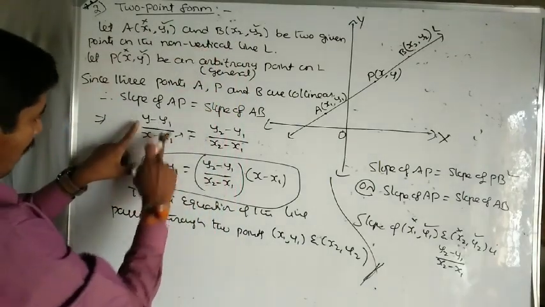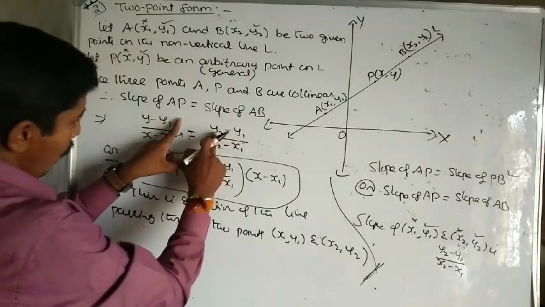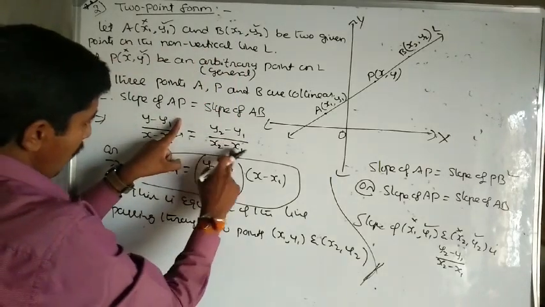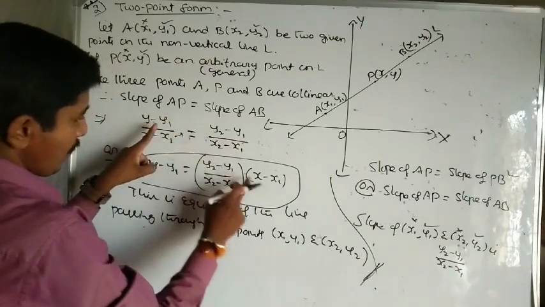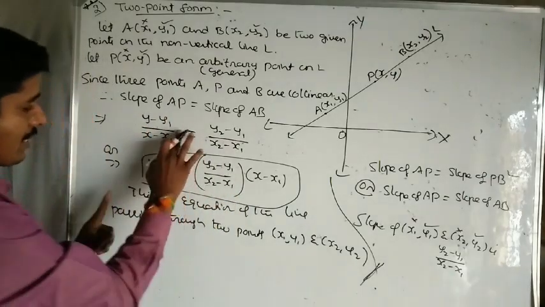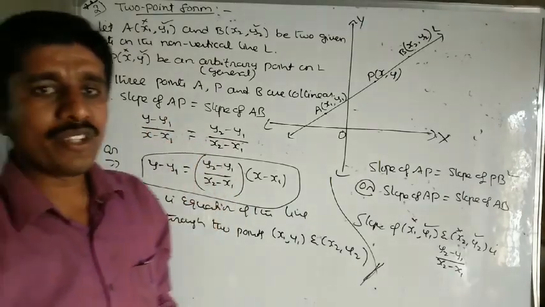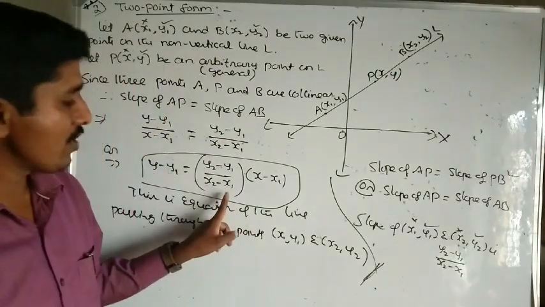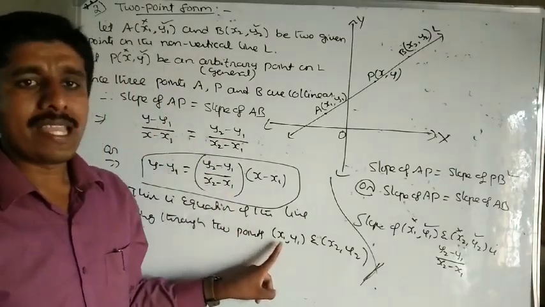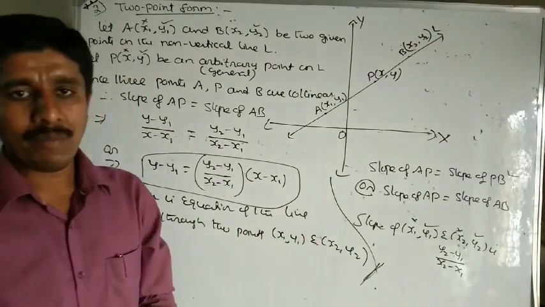Then y minus y1 is equal to y2 minus y1 divided by x2 minus x1 into x minus x1. This is the standard equation of the line in 2-point form, the equation of the line passing through 2 points, x1 comma y1 and x2 comma y2.